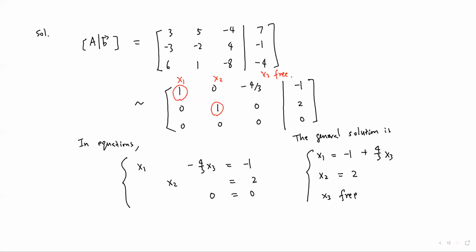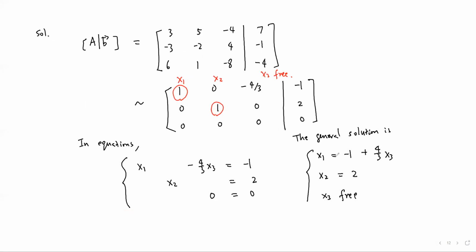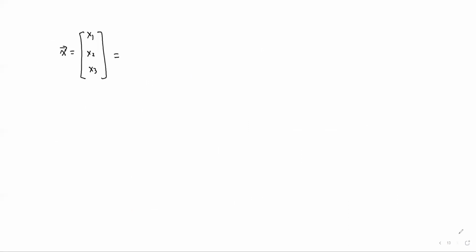In vector form, the unknown vector has 3 entries. x1: type the first equation in x1, -1 plus 4/3 x3.